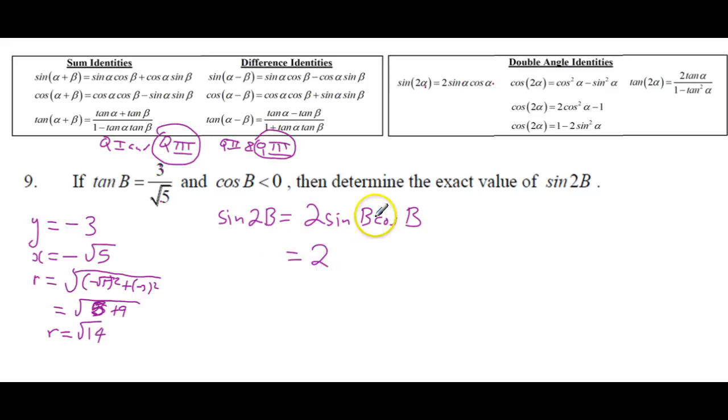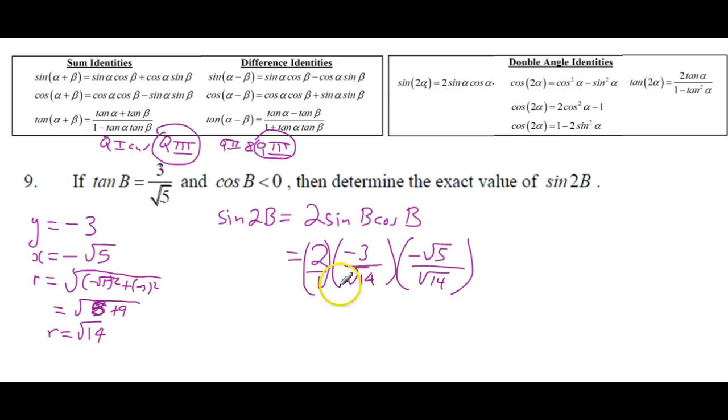2 sine b. Okay, sine is y over r. That's negative 3 over root 14. Cos b, that's x. That's negative root 5 over root 14. This is not such a bad, let's call this 2 over 1. It's not such a bad thing, right? Because it's going to self-rationalize. Well, it's just going to work out to be rational.